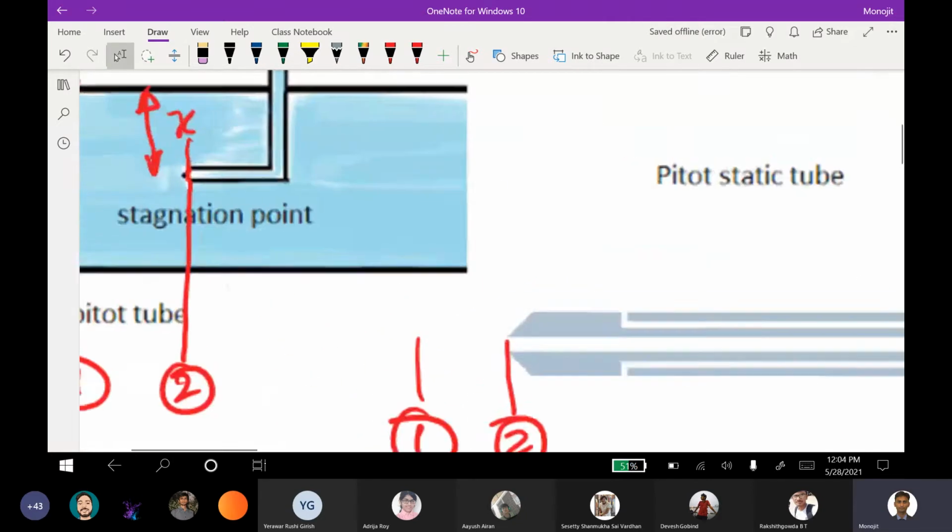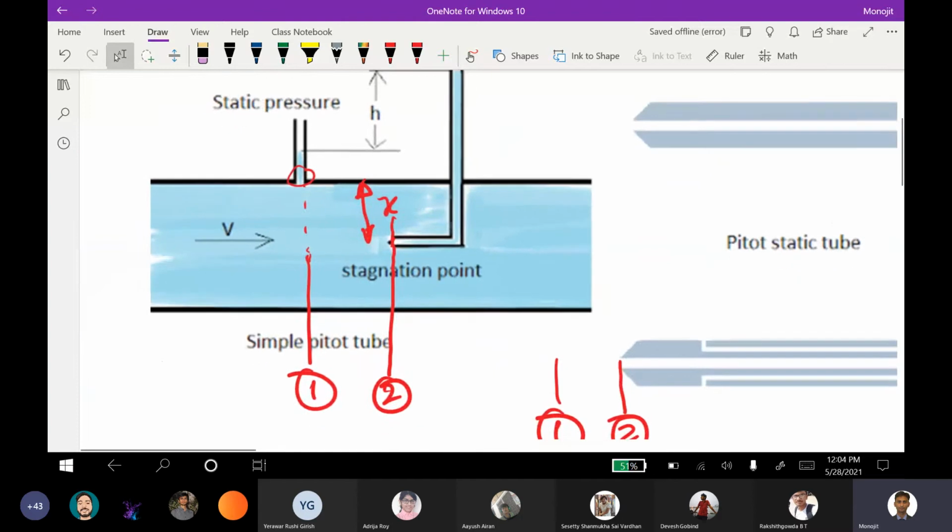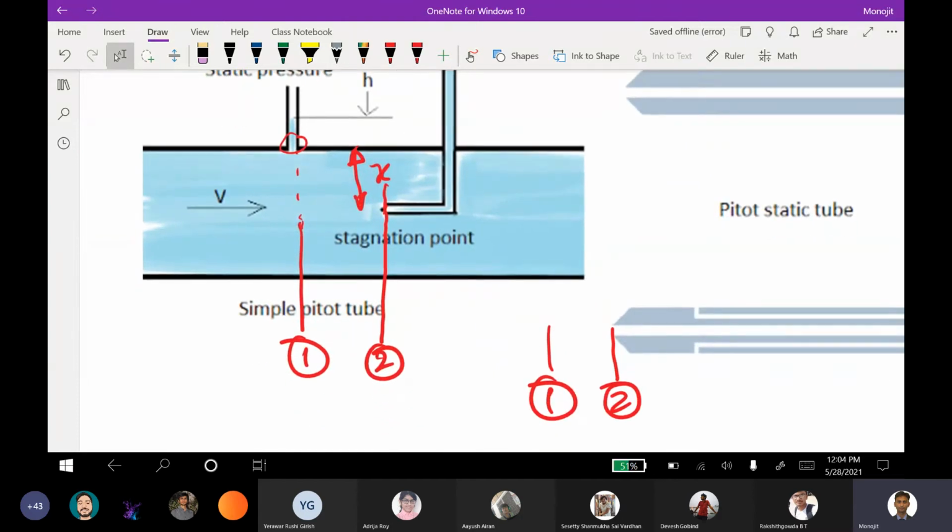Let me zoom in so that you can see it. So this is based on a specific position of your pitot tube. Now, if instead of here, I put the pitot tube somewhere here, which value should change? H. Velocity.